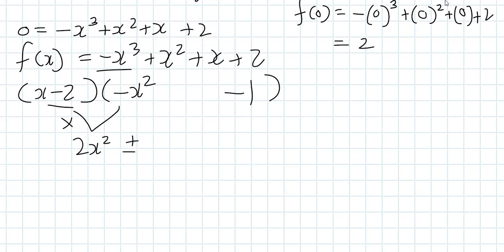And we ask ourselves, what do we need to plus or minus to this 2x squared in order to get the x squared term, and our x squared term is plus x squared. It's just a 1x squared.